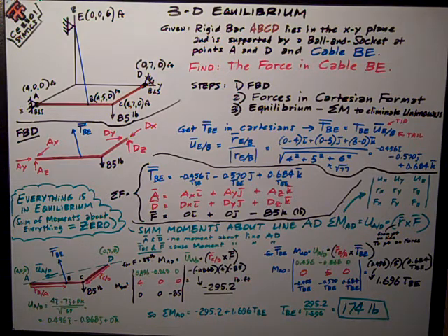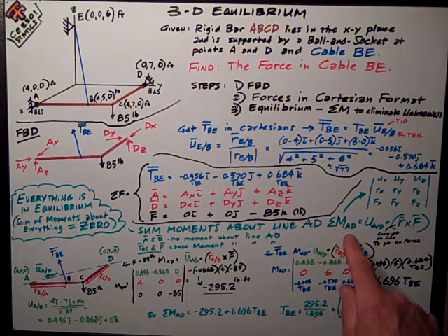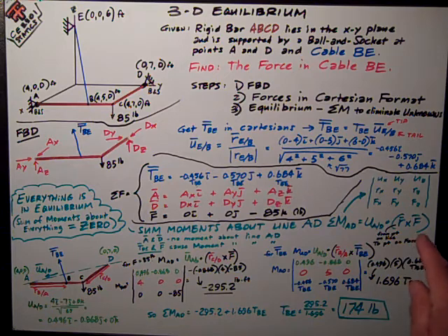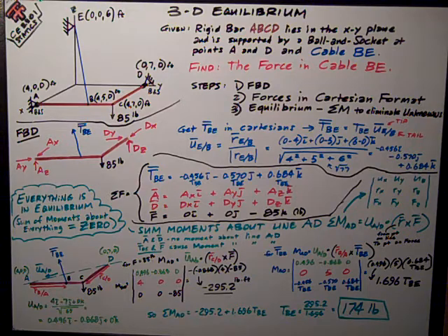Okay, so what I want to do is remember from my equation sheet that the moment about a line is a dot product with the cross product, and the U needs a bar over it because that's a vector.